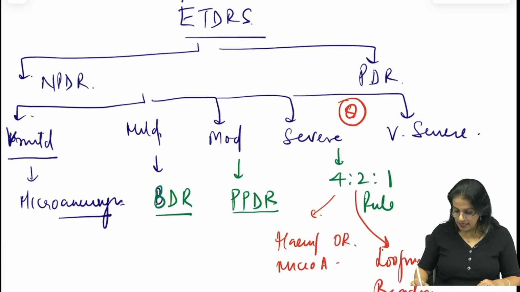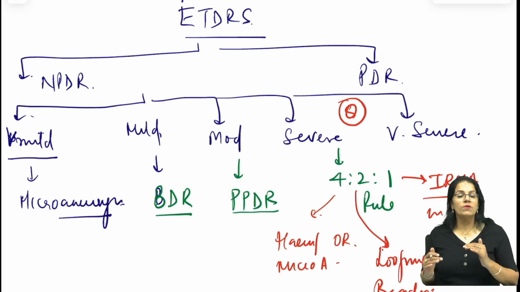If not this, then IRMA in any 1 quadrant. IRMA in 1 quadrant. Got it? So, this is the 4:2:1 rule, which defines your severe NPDR.